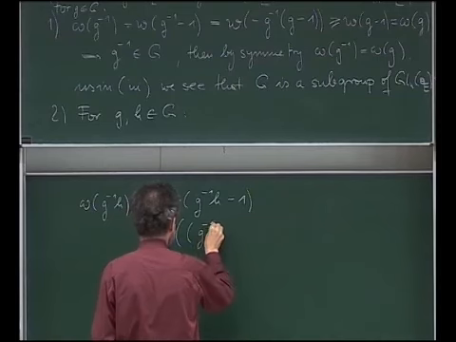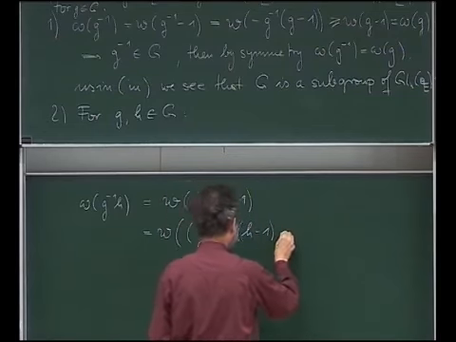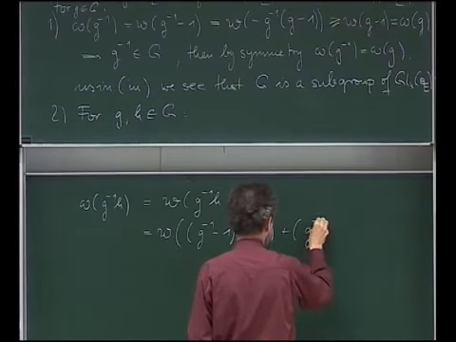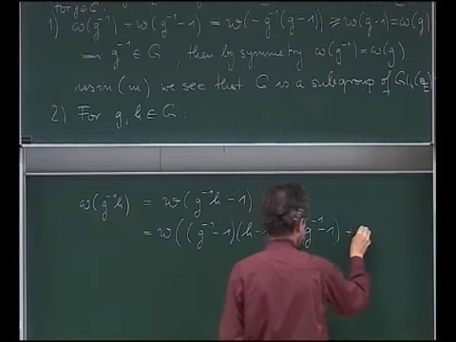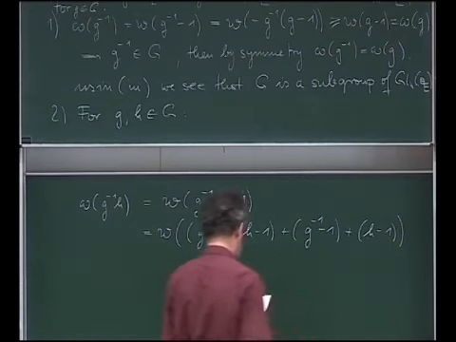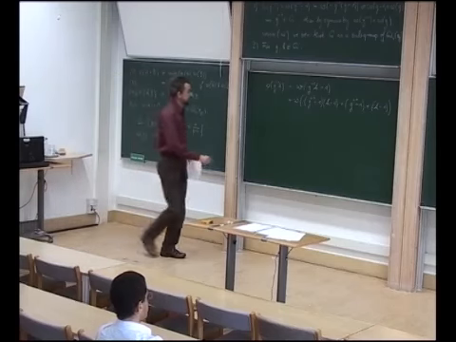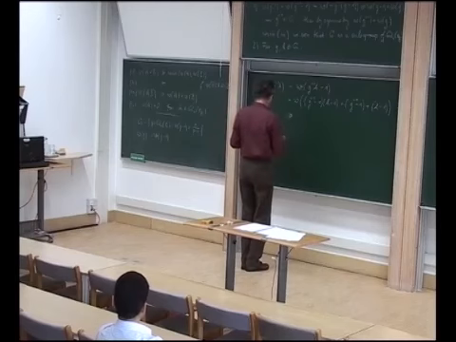g h minus 1. Now just inside the parentheses, I divide this as g minus 1 times h minus 1 plus g minus 1 plus h minus 1.